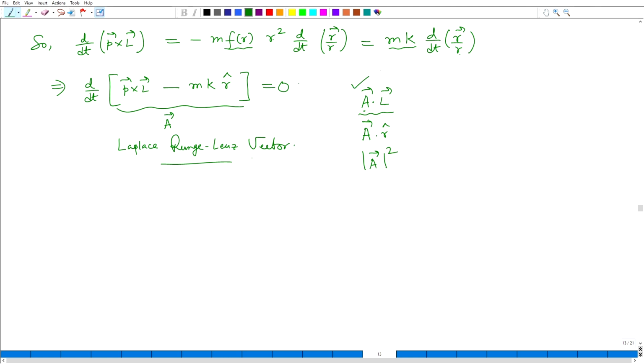If this is a constant vector, of course, the magnitude is also constant. Now, my point is that using these three elements, can you find some interesting conclusion about the nature of the trajectory under an inverse square law and the significance of the conservation of Laplace Runge-Lenz vector. Okay. Thank you very much.